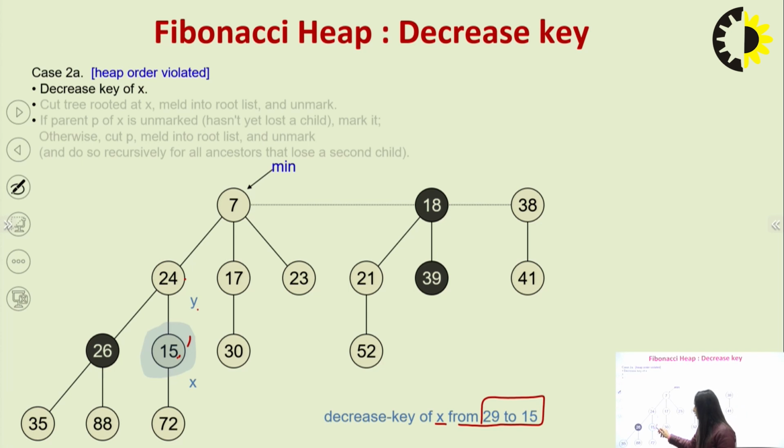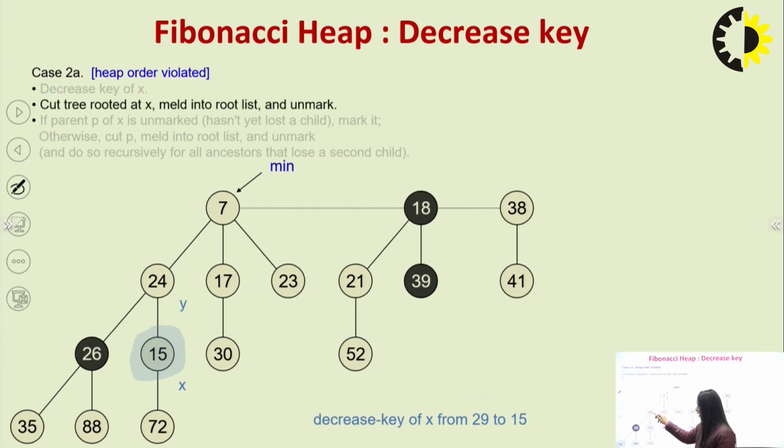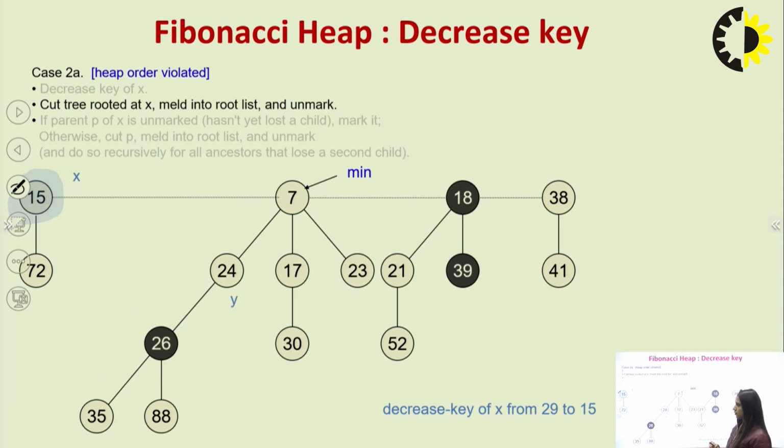I change it here, check y, fine. See, this one is less. So what I am going to do now, y is not equivalent to nil. So in the cut algorithm, I just cut this part and make it a root node. Now your x is this, this part is your y.